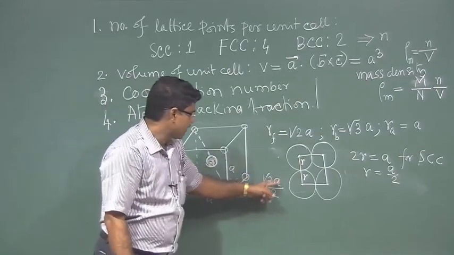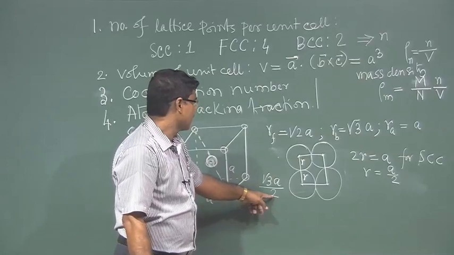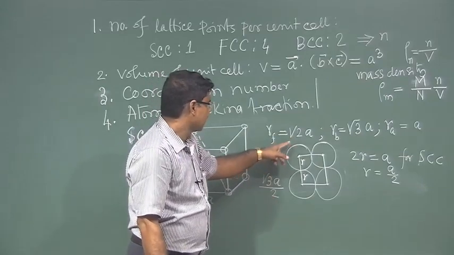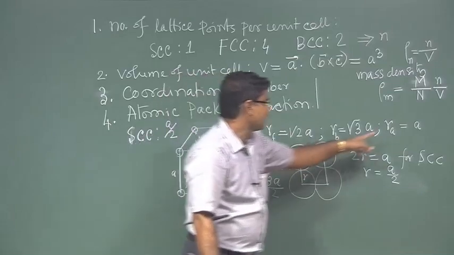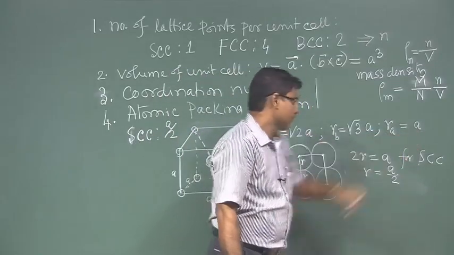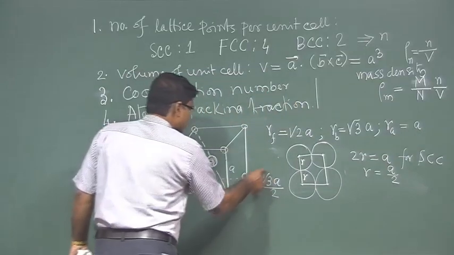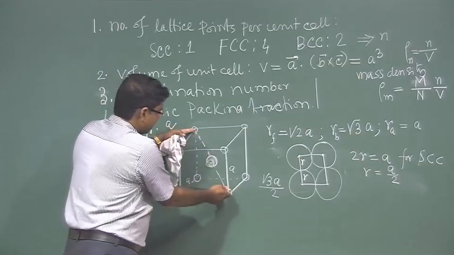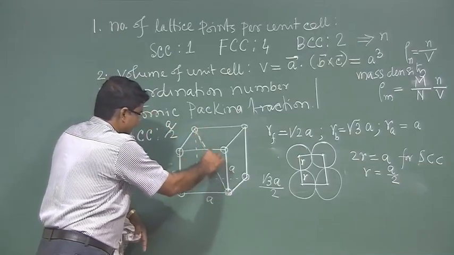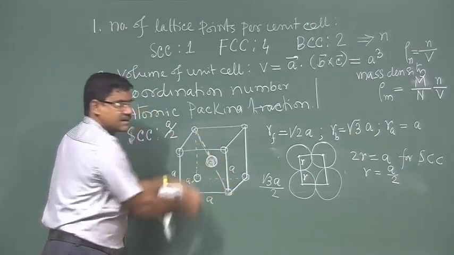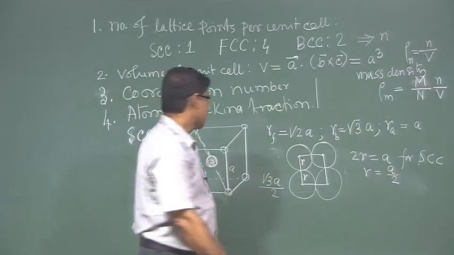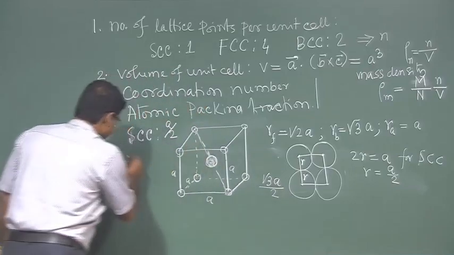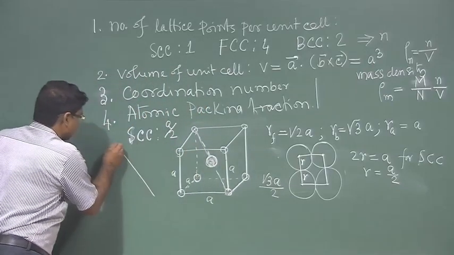Root 3a by 2 is the smallest one among root 2a and a, right. Now, in this case, we will assume that these three will touch each other, these three will touch each other, these three will touch each other, right.